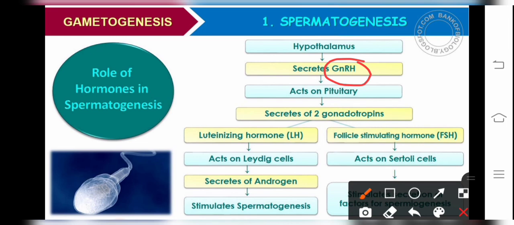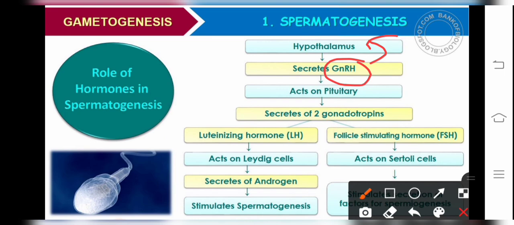The concentration of gonadotropin releasing hormone is very high at puberty, which induces the spermatogenesis process to start. Okay. These hormones are released by the hypothalamus, so these are hypothalamic hormones.